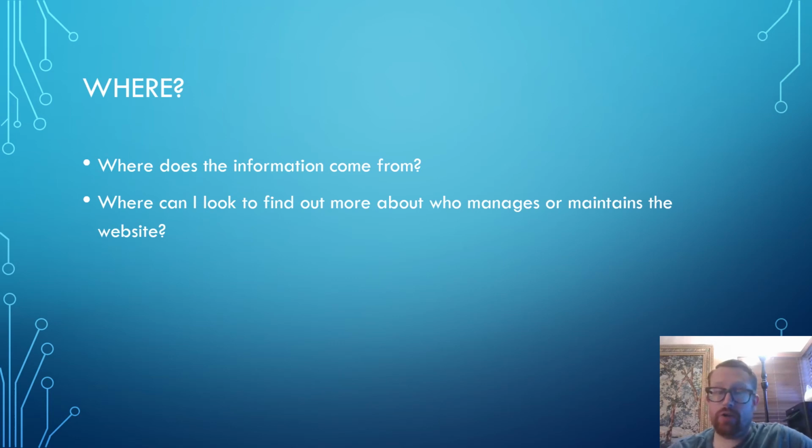Where? Where deals with the information, then where did it come from? So where does the information come from? Is it coming from an external source like someone else, or is it coming directly from the author who's writing it? Where can I look to find out more information about who manages or maintains the website?